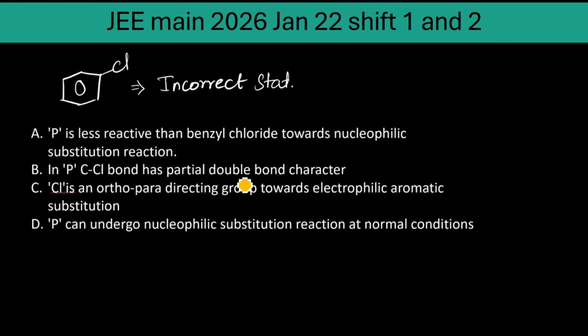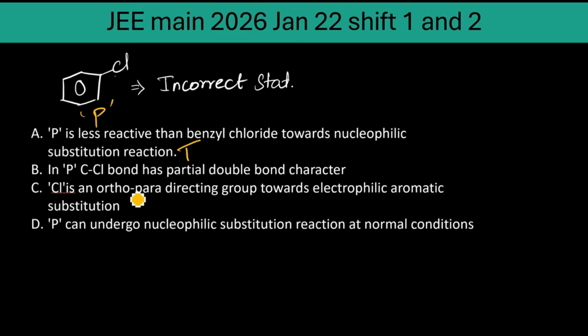Okay, the next one, the incorrect statement. P is less reactive than benzyl chloride towards nucleophilic substitution reaction. So this is true. Chlorobenzene has a C-Cl bond with partial double bond character, which is less reactive towards nucleophilic substitution reaction. We need high pressure and temperature conditions to do that.